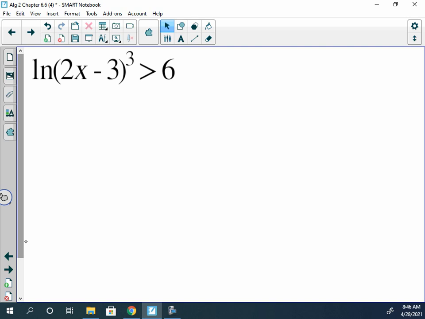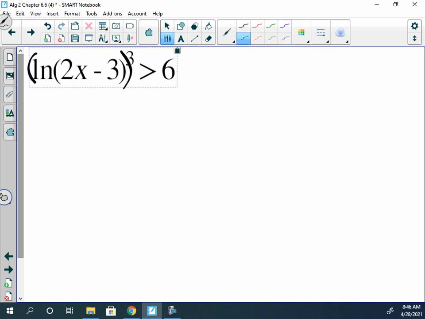But because of a lot of what we're doing, we really want the cube to be attached mainly just to the 2x minus 3, not to the natural log of it. You don't write it that way, because that's not actually what we're going to have. But we're going to treat it like that 2x minus 3 is being cubed. Because it will change the answer and how it looks.